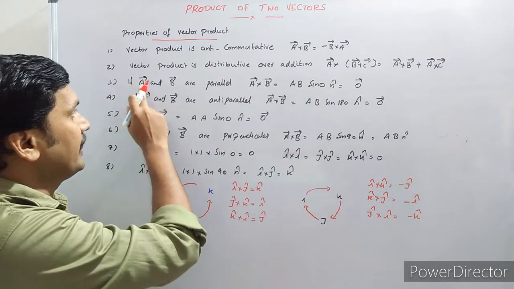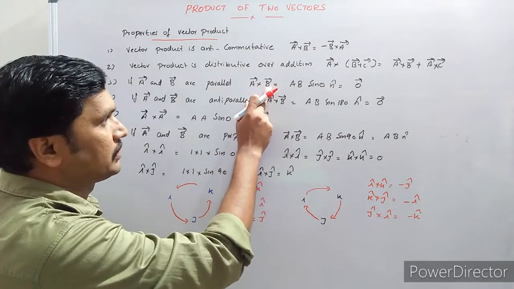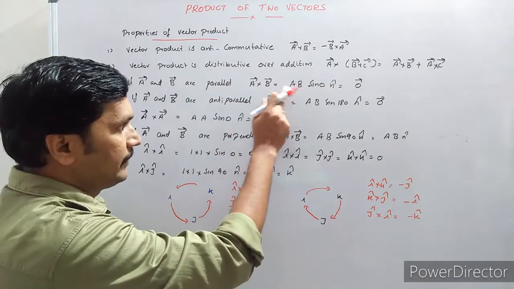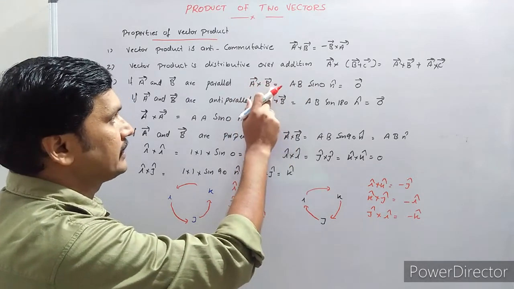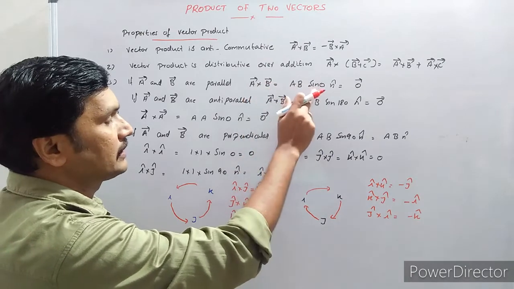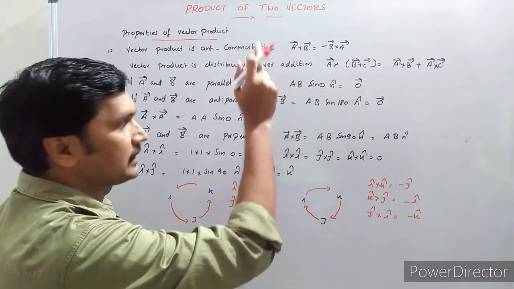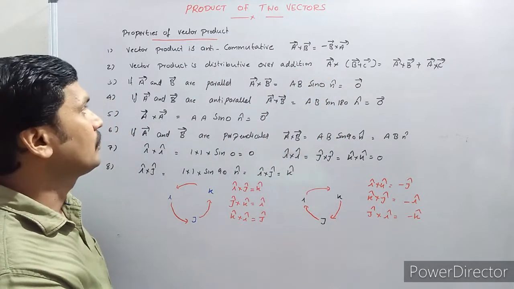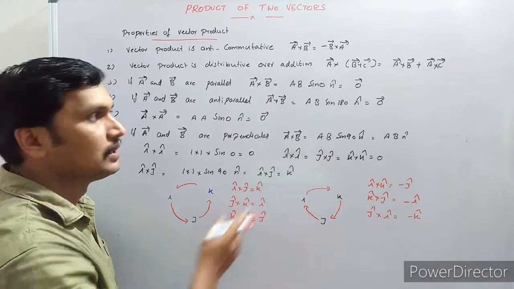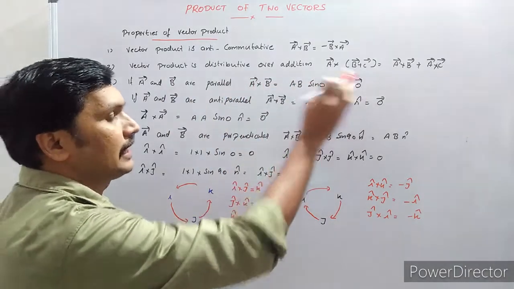Third one, if A and B are parallel, then A cross B is equal to magnitude of A into magnitude of B into sine of the angle between A and B. Since A and B are parallel, the angle is 0. AB sine 0 into a unit vector in the direction of A cross B. So we are getting a null vector or zero vector because sine 0 is 0.